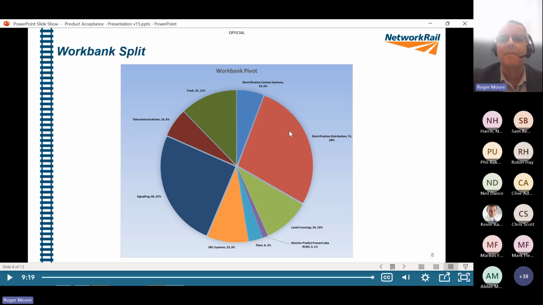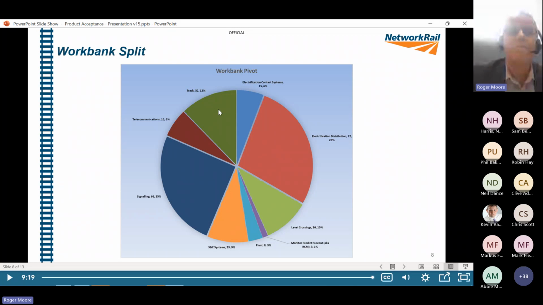As you'll see here, the vast majority of items that come in are related to electrification, distribution and signalling. So it's 28% for electrification, distribution, 25% for signalling.